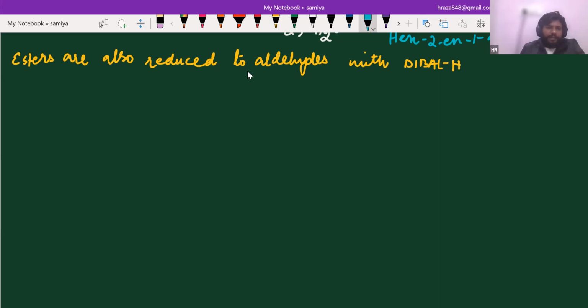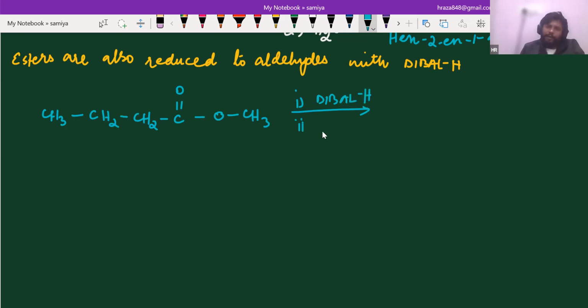As if you have this CH3, CH2, CH2, and then C double bond O, and then this is O, and this is CH3. And if you are going to use double H first, and then hydrolysis, what will happen? This will be broken and hydrogen will be added with this.